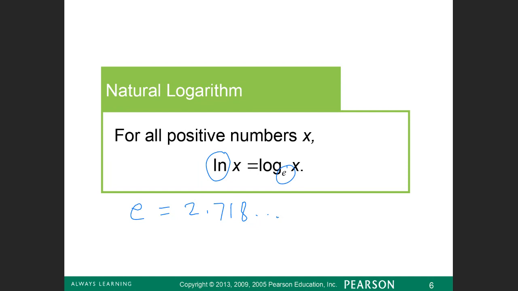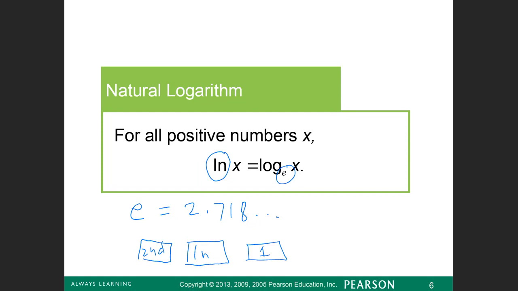And this can be accessed by pressing the second function of your calculator, and then you press ln. That would be the second function of e. That's how you access e. And if you want to take the value for e, then you have to raise that to a power of 1. So you press 1 and then enter.